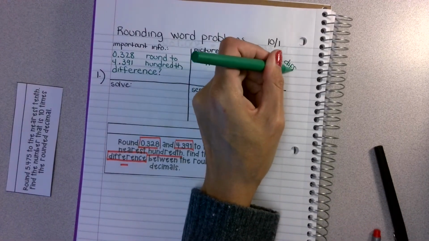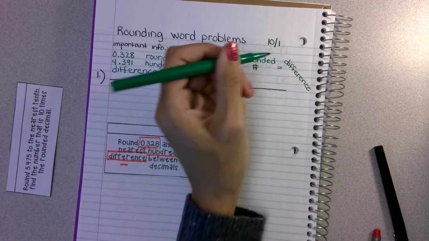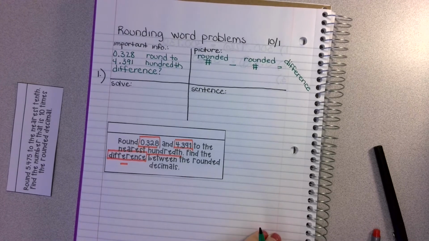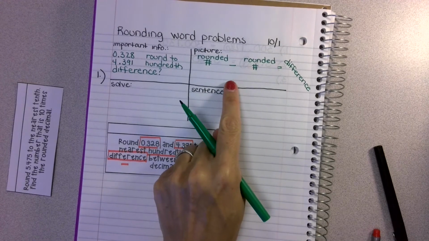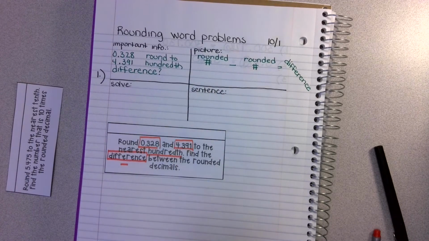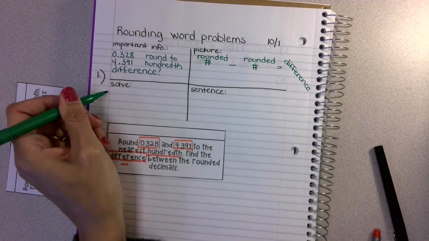Right now you might be like, that's silly. Why is Miss Dye making me do that? Well, it's going to make much more sense when we get into more complex word problems, so that this shows that you understand what's actually going on in the word problem, because they're really just stories and situations. Okay, so now I'm going to solve it.